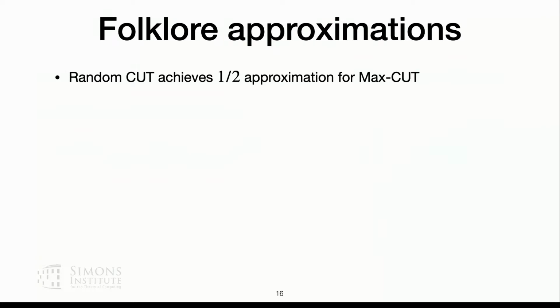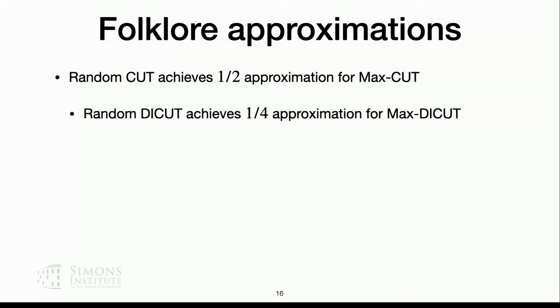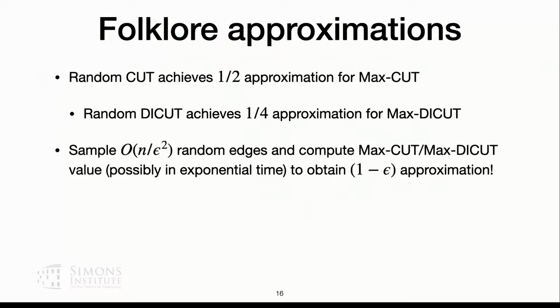Okay, so what are some of the folklore approximations? For Max-DICUT, just a random cut achieves half approximation. So if you're just trying to output a value, just outputting the number half gives you a half approximation for Max-DICUT. So random DICUT, again, achieves 1/4 approximation. And similarly, just outputting 1/4 gives you 1/4 approximation.